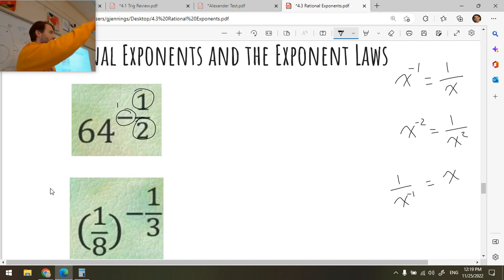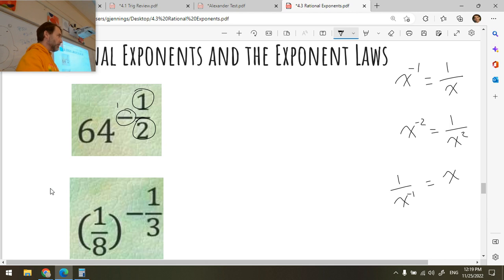If you're multiplying by that thing, it says, no, please divide by it. If you're dividing by that thing, it says, no, please multiply by it. It just changes the floor on which you find that number. And that's it. That's all it does. It does not change the sign of the number, doesn't change it from positive to negative. It just takes your base and puts it on the bottom if it was on the top.